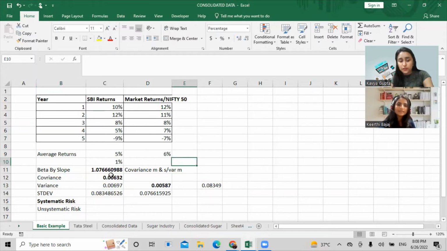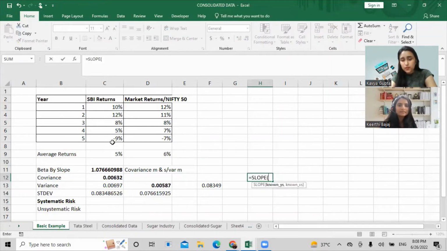Okay, this was the first formula. What was the second formula to calculate beta? Which formula did I tell you we use in Excel to calculate beta? It was the slope function, right? So we simply do slope. For simplification, I am taking the stock to be the dependent variable and the market to be the independent variable. Known x is always your independent variable and y is the dependent variable.